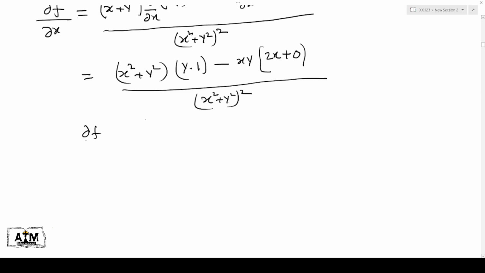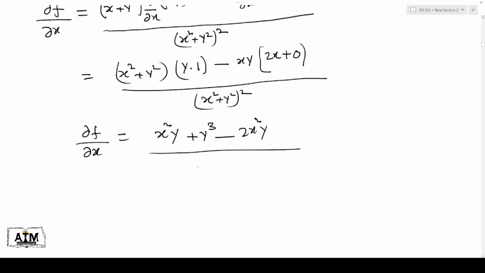Therefore, dou f by dou x equals to x square y, now opening all brackets, y cube minus 2x square y divided by x square plus y square whole square.